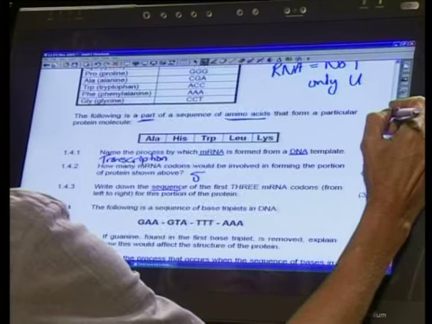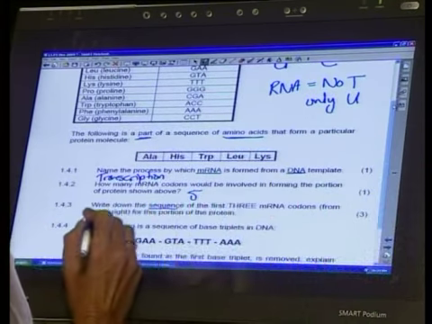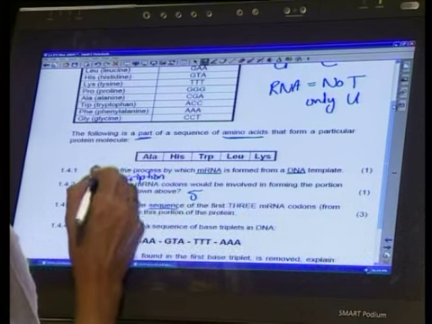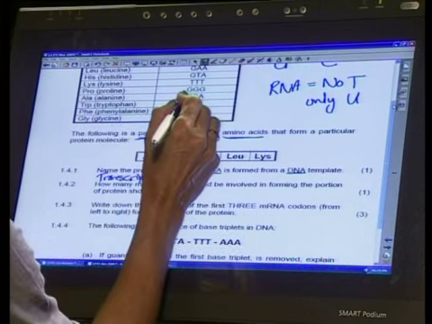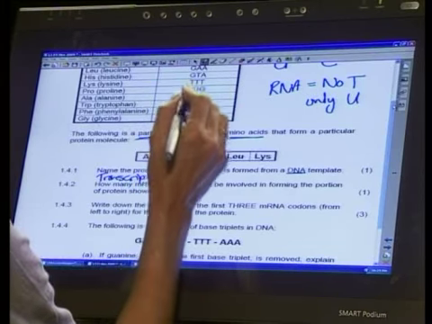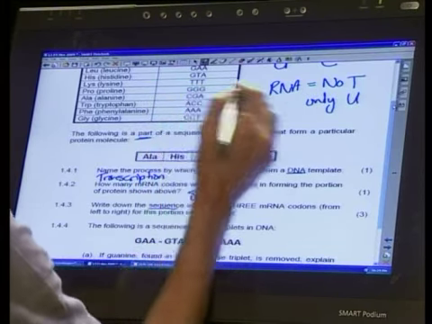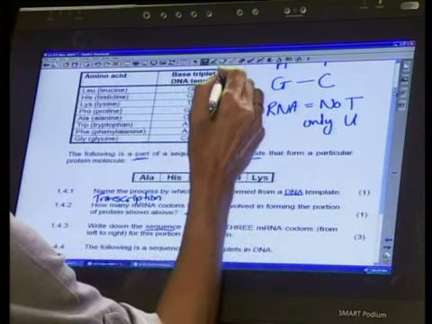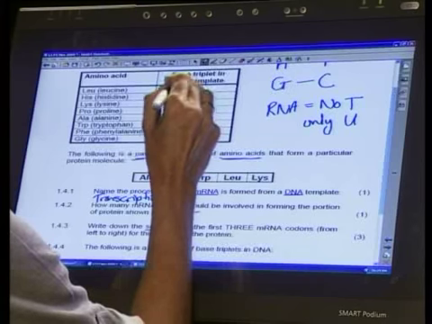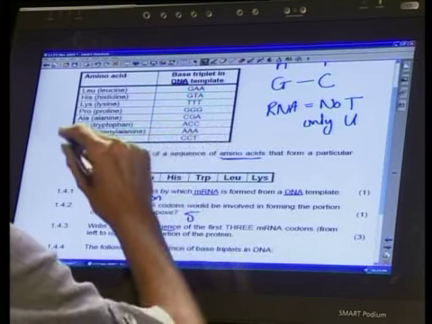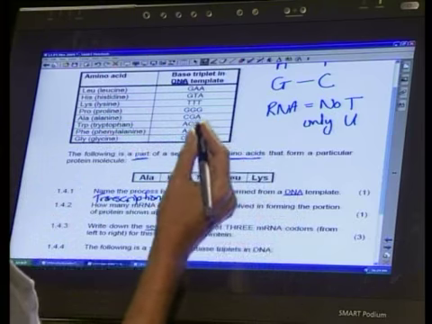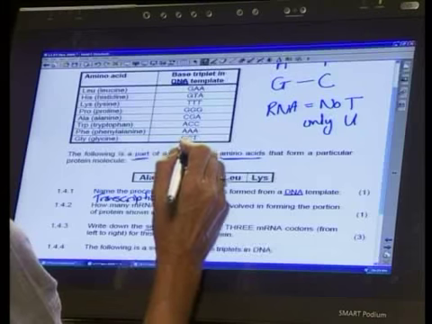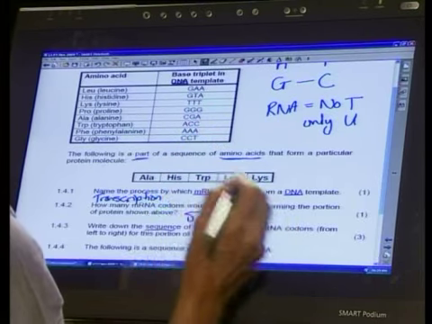So the sequence is going to be, the first one is alanine, which is going to be CGA. But remember, this is the base triplet in the DNA. The messenger RNA is going to be the opposite. So we're going to write those in here just so that you can see what I'm talking about. And then we'll look at what the codons are.